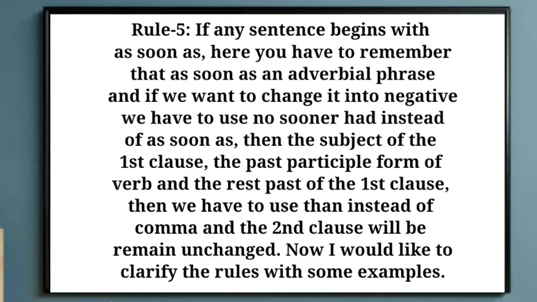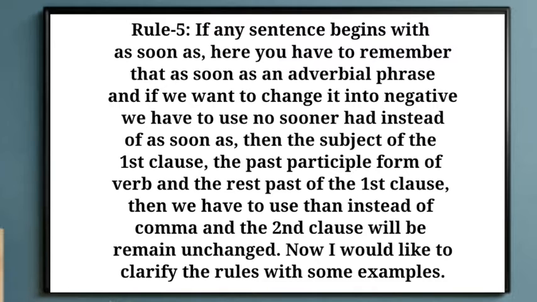So dear students, now I am going to discuss rule 5. If any sentence begins with as soon as, here you have to remember that as soon as is an adverbial phrase. And if we want to change it into negative, then we have to use no sooner had instead of as soon as.